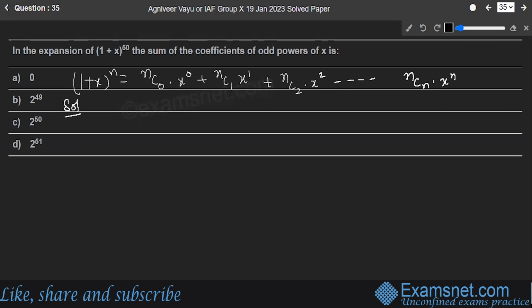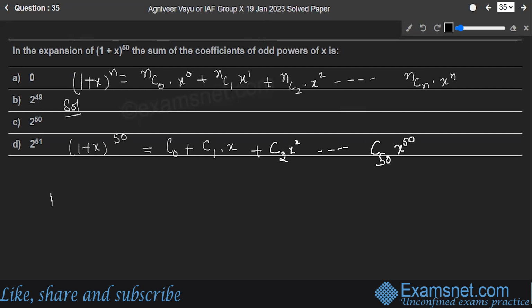In the given question, we have (1 + x)^50, which can be written as 50C0 + 50C1 x + 50C2 x^2, and so on till 50C50 x^50.